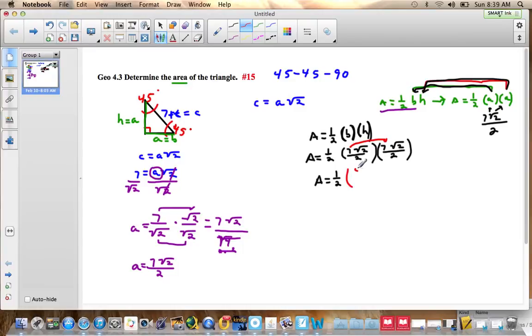Okay. So I'm going to have 49 because I'm going to do parentheses first. And then I'm going to say the square root of 2 times the square root of 2. Okay, and that's going to give me the square root of 4 over, I'm going to say 2 times 2, which is 4.